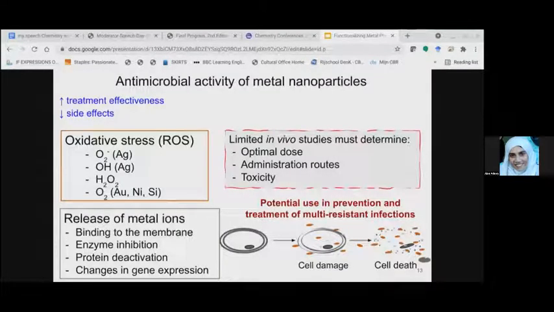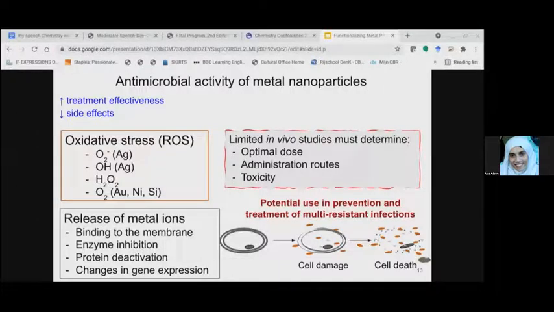We have the metal nanoparticles as the growing antimicrobial agent, especially after the antibiotic resistance has started to be over any application for antibiotics, and we have 2 mechanisms of action for these antimicrobial metal nanoparticles.